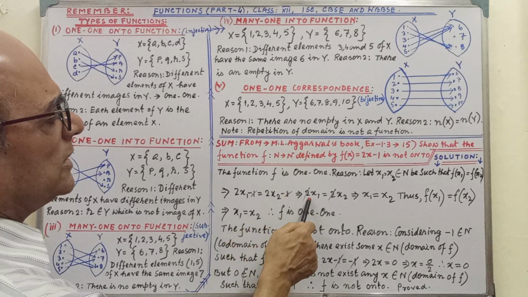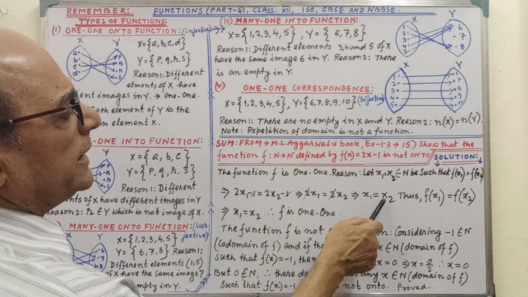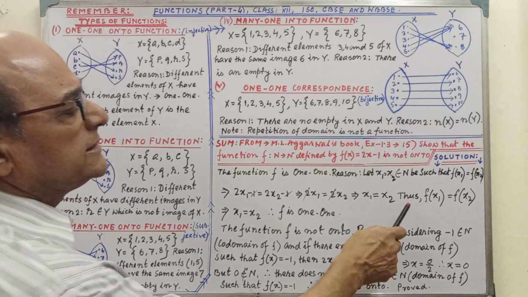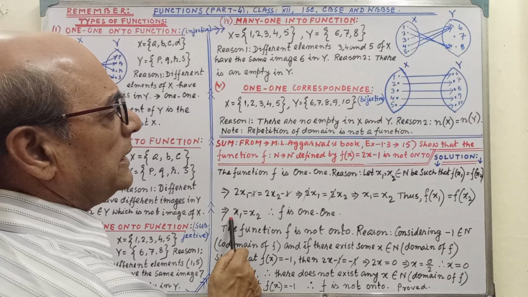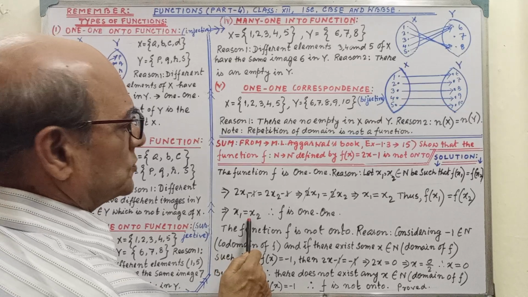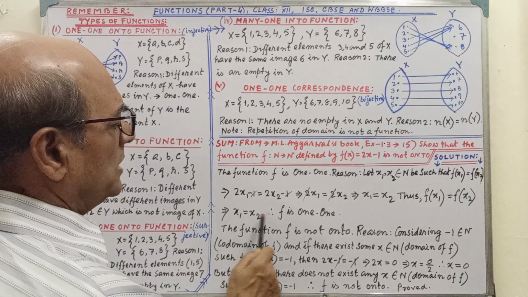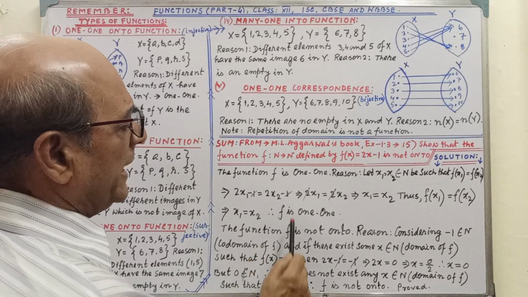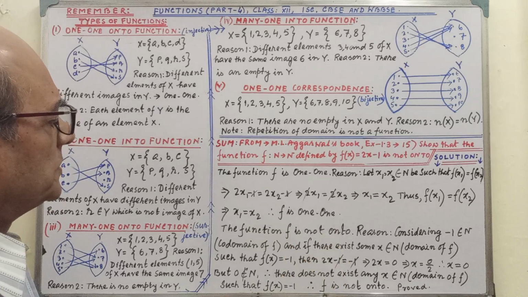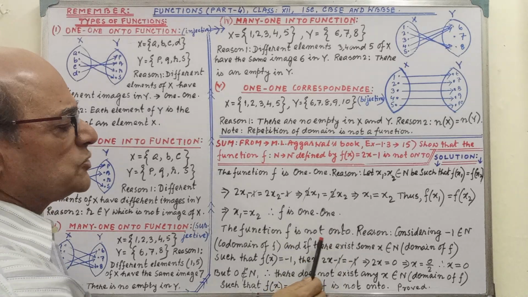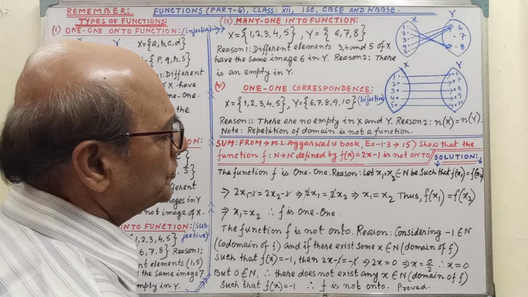By simplifying we are getting x1 equal to x2. Thus f(x1) equal to f(x2) implies x1 equal to x2. Therefore f is one-one. One-one is proved.